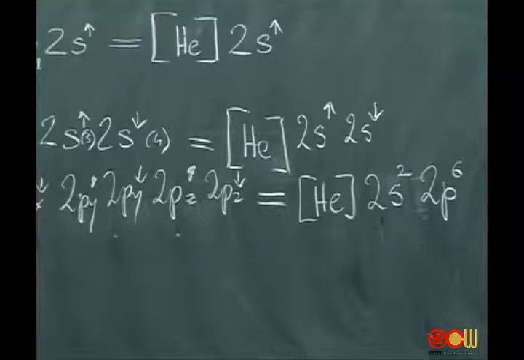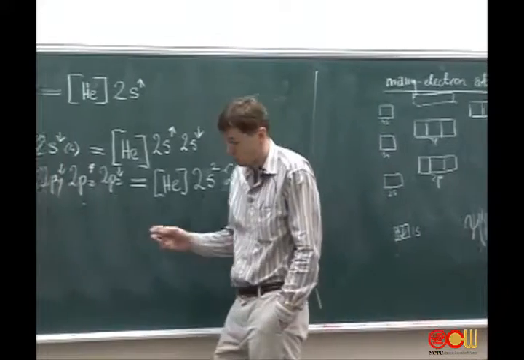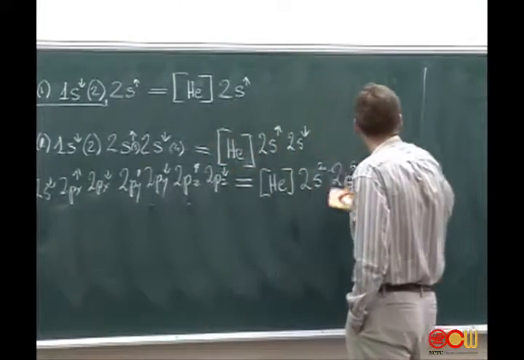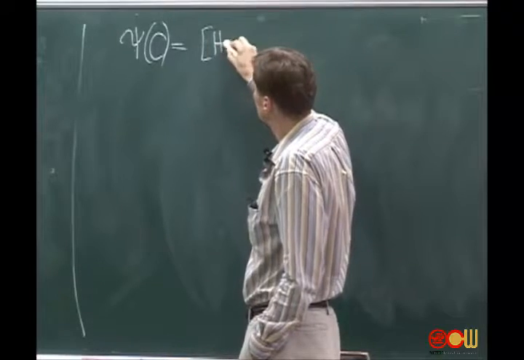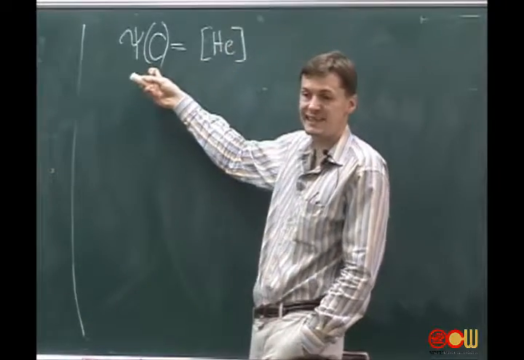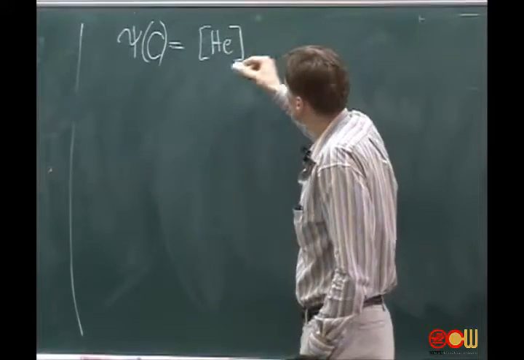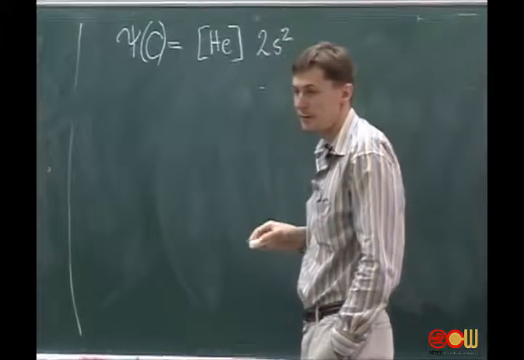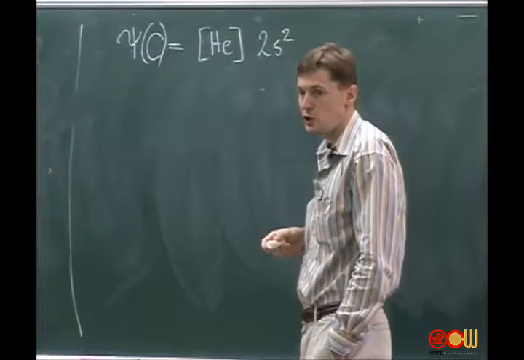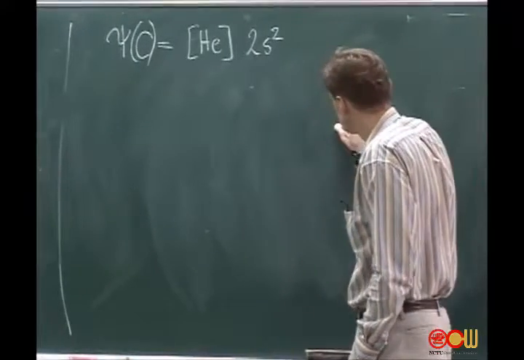There is a problem, of course, like always. If I have carbon, the wave function would be helium. Carbon has 6 electrons, and 4 electrons beyond helium. So of course 2s2, this is clear, the lowest box. And 2 electrons are left.